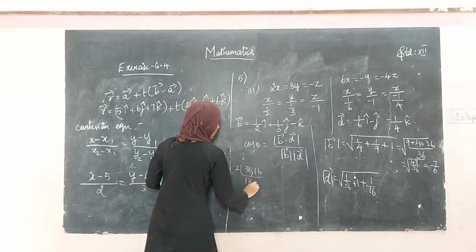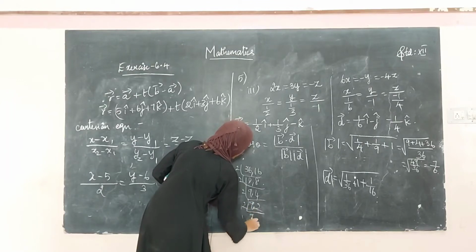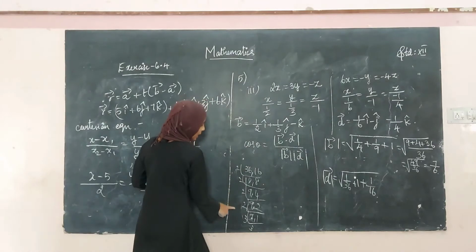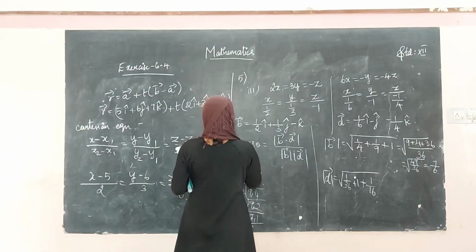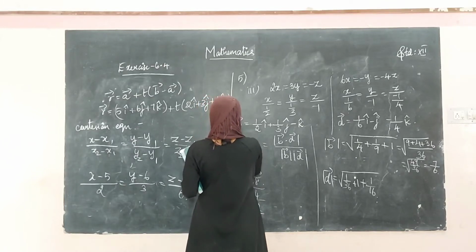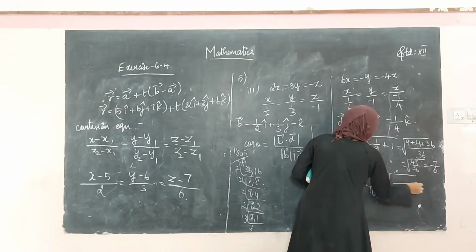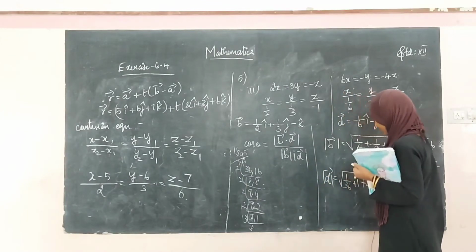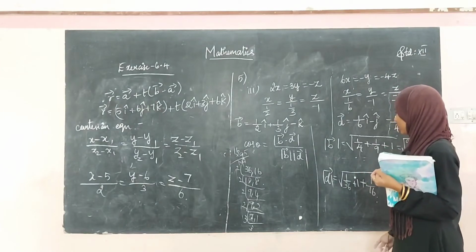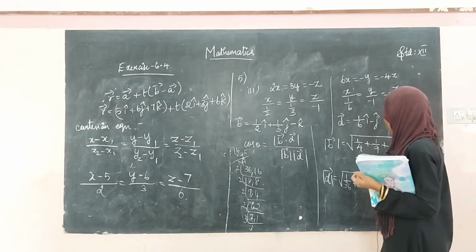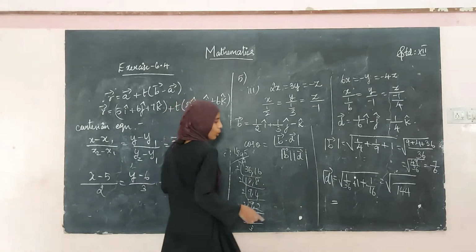The LCM is 144. So 36 into 4 times is 144, and 16 into 9 times is 144.